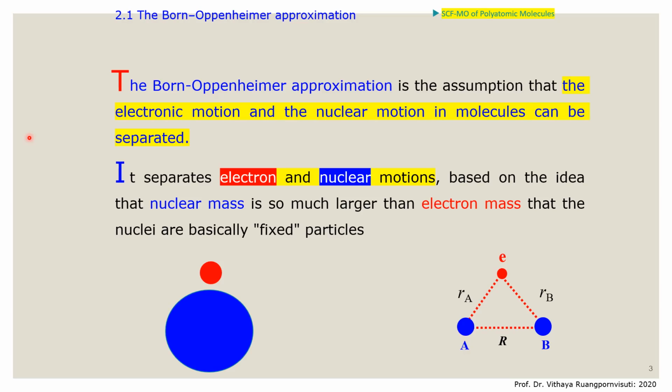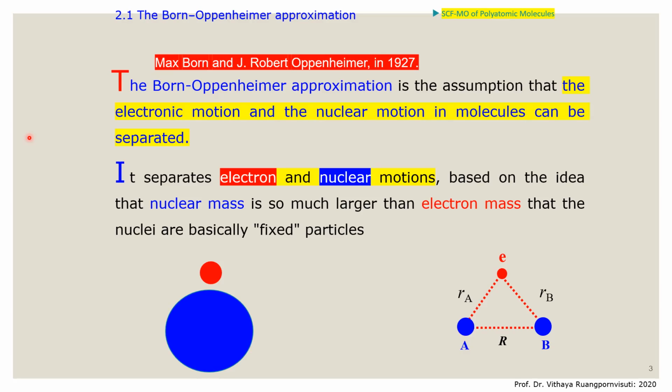The Born-Oppenheimer approximation was found by Max Born and J. Robert Oppenheimer in 1927. The Born-Oppenheimer approximation is the assumption that the electronic motion and the nuclear motion in molecules can be separated.